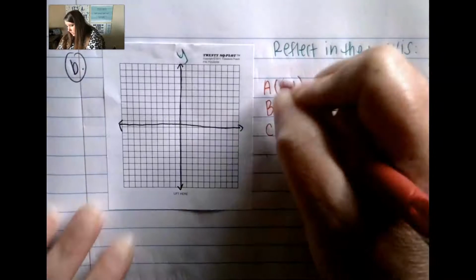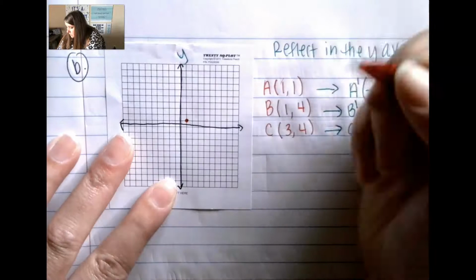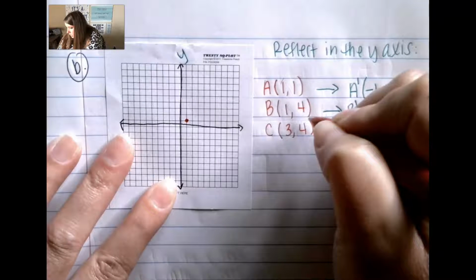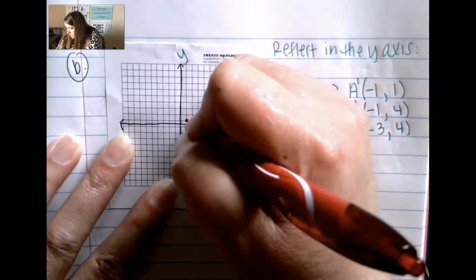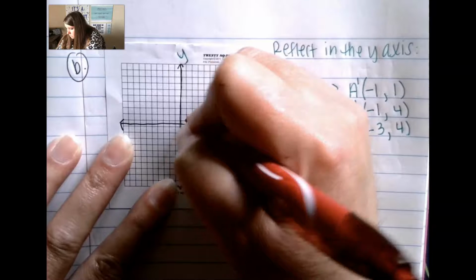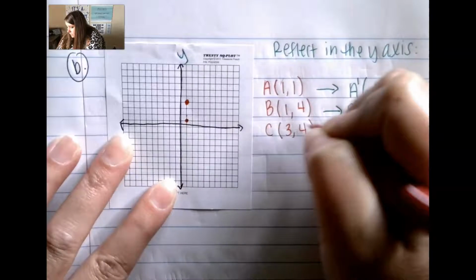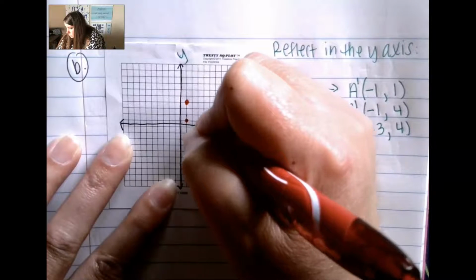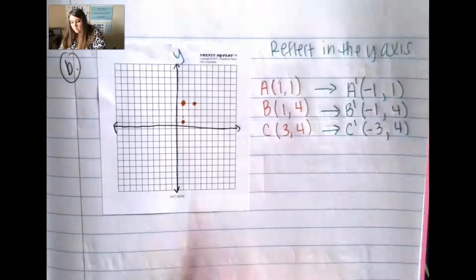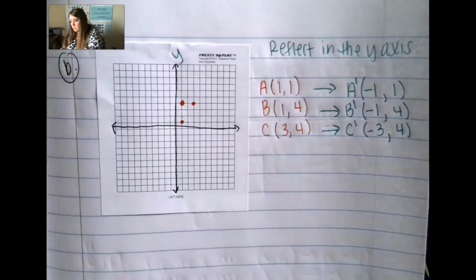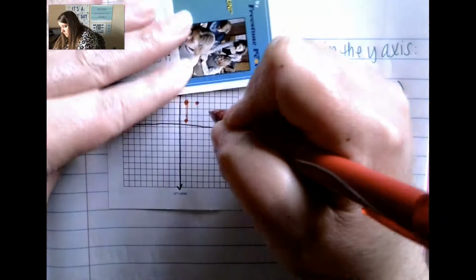So the red triangle, 1, 1. And then we're going to go from 1, 1 to 1, 4. So over 1, up 1, 2, 3, and 4. And then 3, 4. So over 1, 2, 3, up 1, 2. Okay, so there is my triangle, and I need to connect these points.